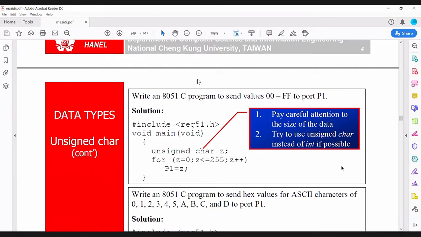Z equal to 0, z less than or equal to 255, that is the condition, and z plus plus, that means how z gets incremented. Then I will simply write, because all these values have to move to port 1, P1 equal to z.